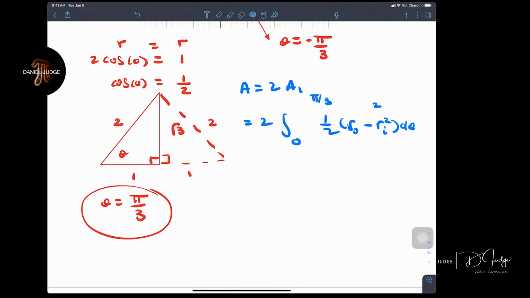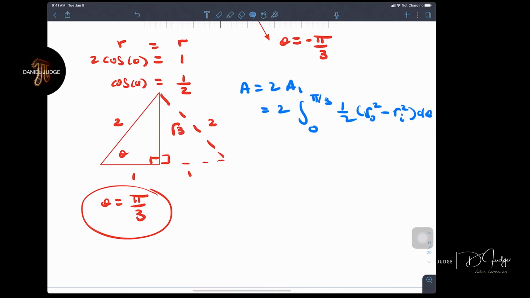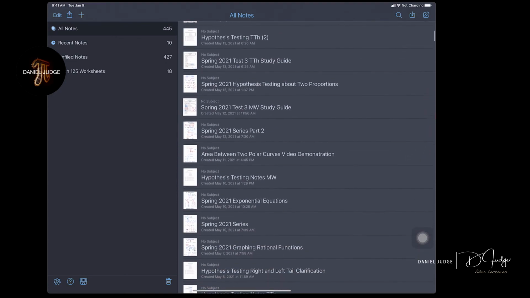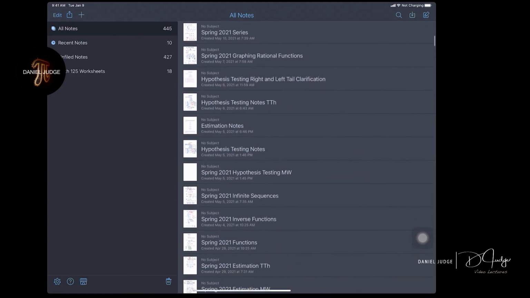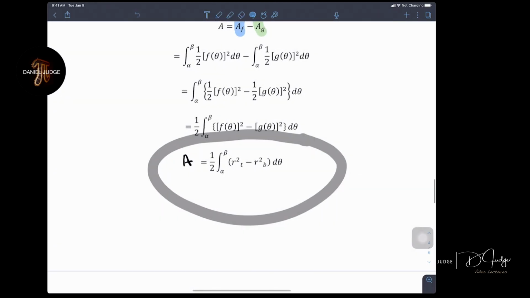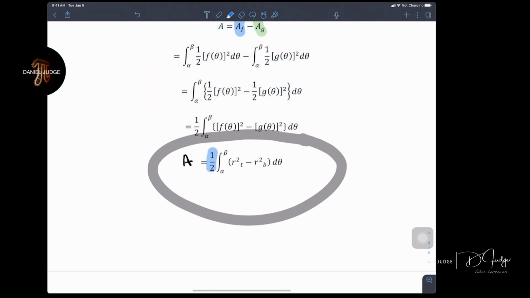So let's move everything over. So here's what we're going to use. And that constant is 1/2 here. So you can put this constant inside or outside.